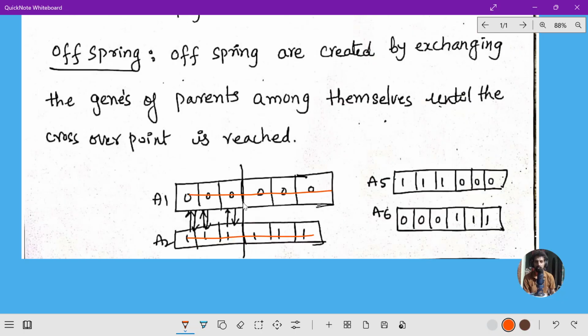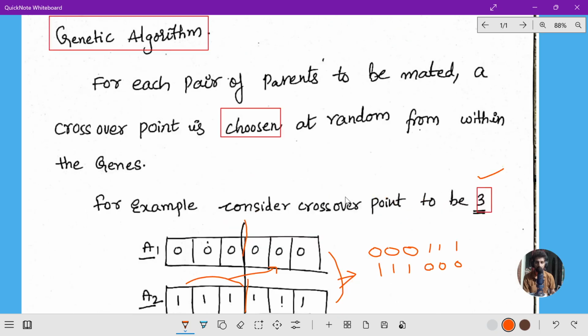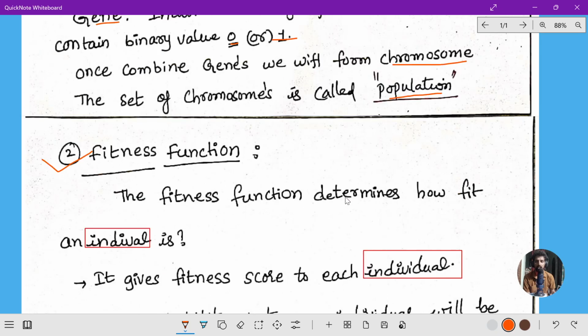So after the 3 zeros, these 3 ones will come. After the 3 ones, these zeros will come. So this is called the offspring. So this is all about the genetic algorithm.